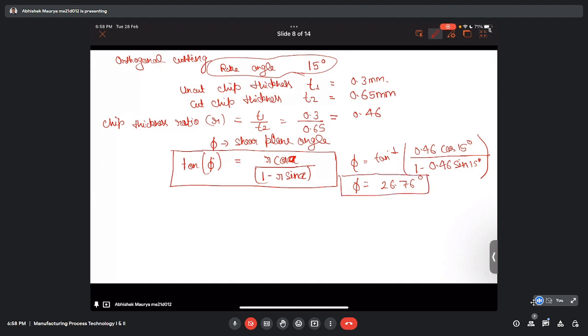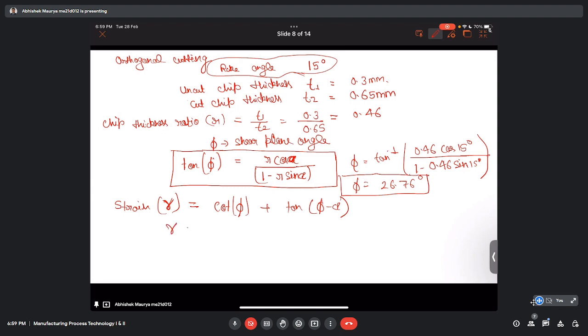Now the next thing asked is the strain. There is also a relation between strain, shear plane angle and rake angle. Strain, denoted by the letter gamma, is given by cot of the shear plane angle phi plus tan of phi minus alpha.